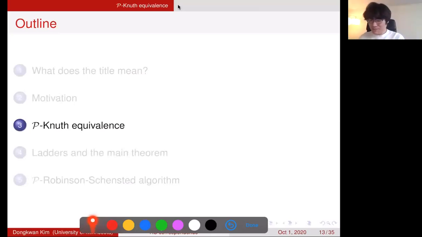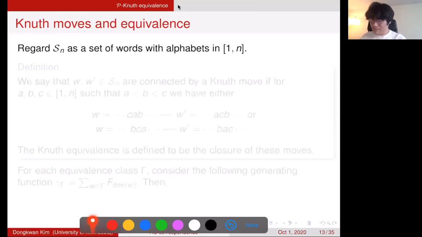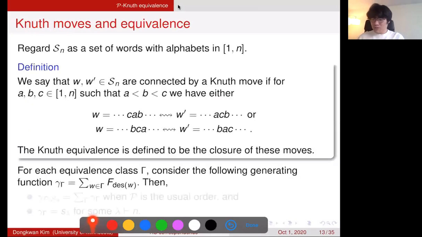Now, we'll talk about P-Knuth equivalence. So usually, the Knuth equivalence gives you this. It's a right-star operation. You have 3 numbers in some string, and suppose that A, B, C are in this order, and you have a descent here. Then there's no descent here, right? Then there is a way to move this descent to the next and remove the descent here.